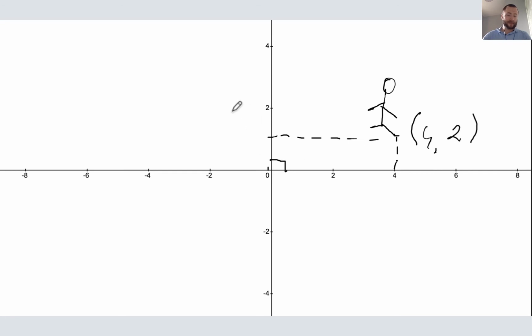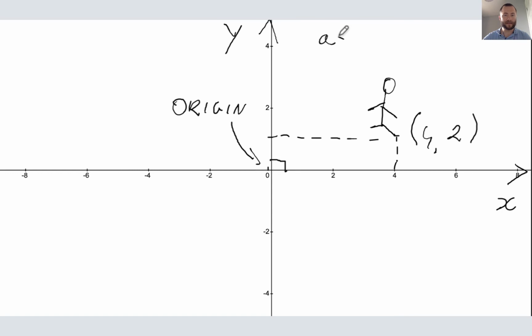So a couple of things. First of all, this point where the number lines intersect is called the origin, the origin of the coordinate system. The whole thing that we're looking at is the coordinate system. Next thing is that by convention we say that the horizontal axis is called x, and also by convention we say that the vertical axis is called y.